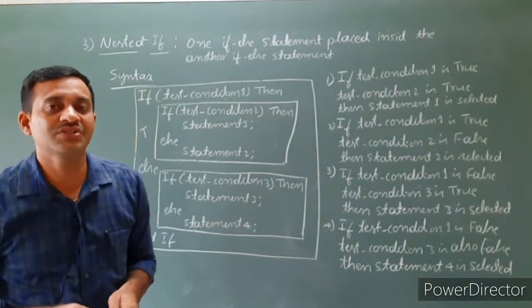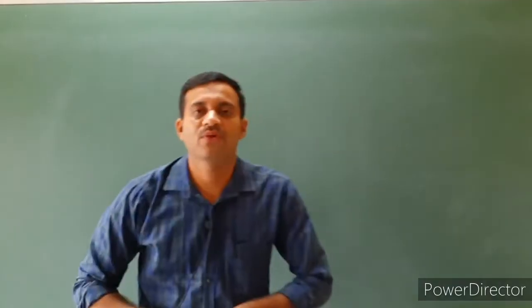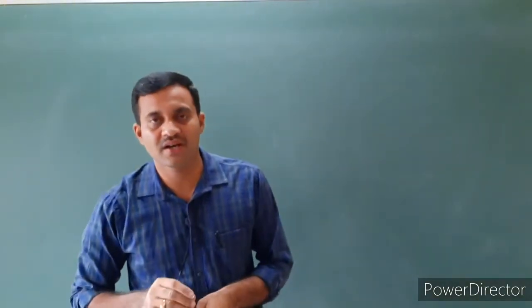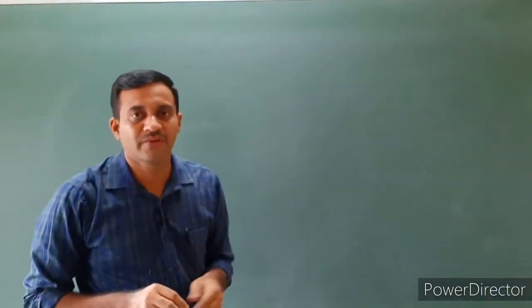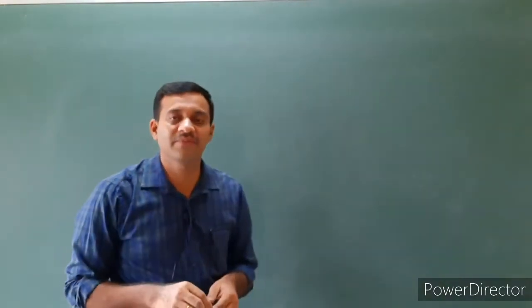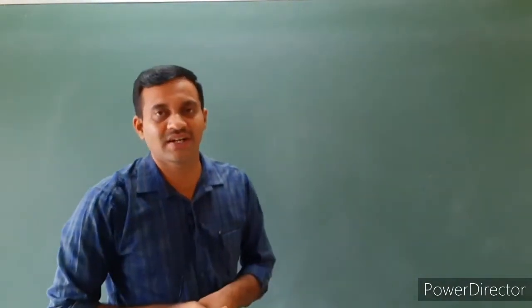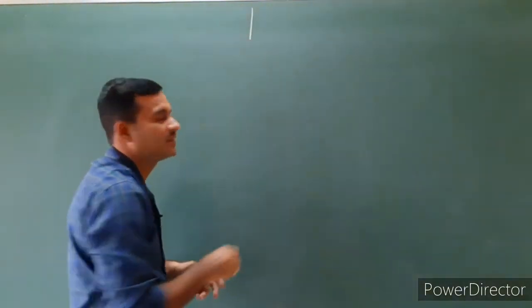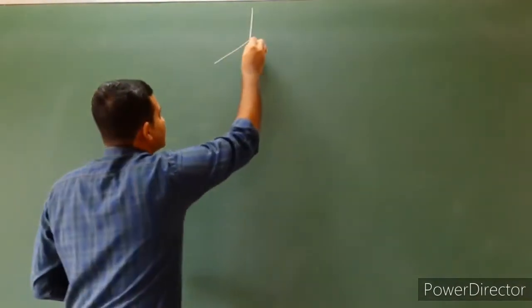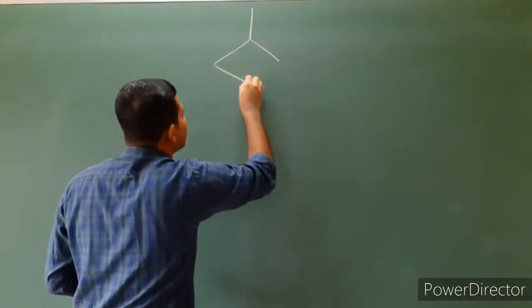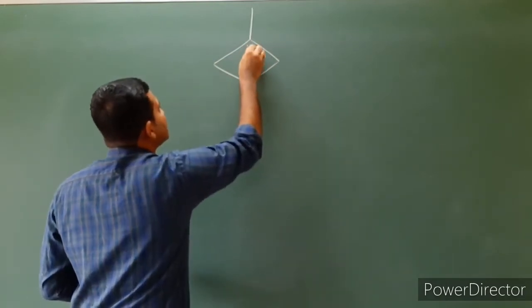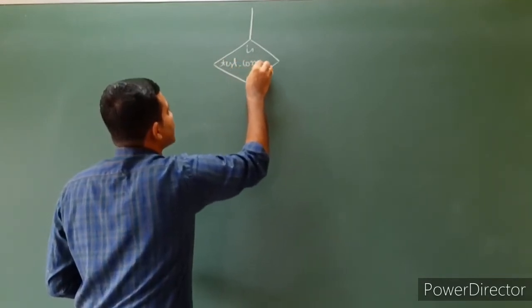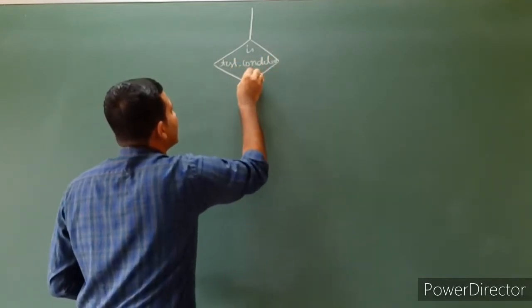Let's discuss the flowchart of nested if. A flowchart is a diagrammatic representation of the algorithm. Nested if means one if else is placed inside another if else. First we verify test condition 1. Is test condition 1?